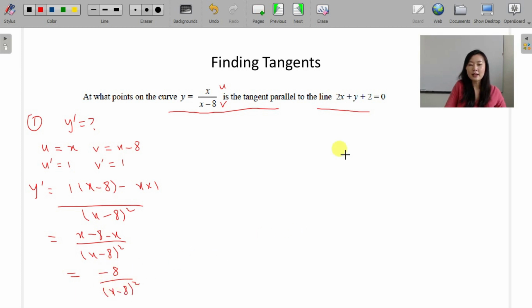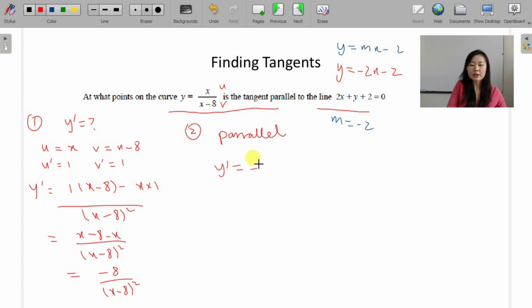That wasn't too bad. Now for the gradient of this line, let's get it into y equals mx plus b form. You can see that the gradient of this is -2. So if you want it to be parallel, you want y dash to equal -2.